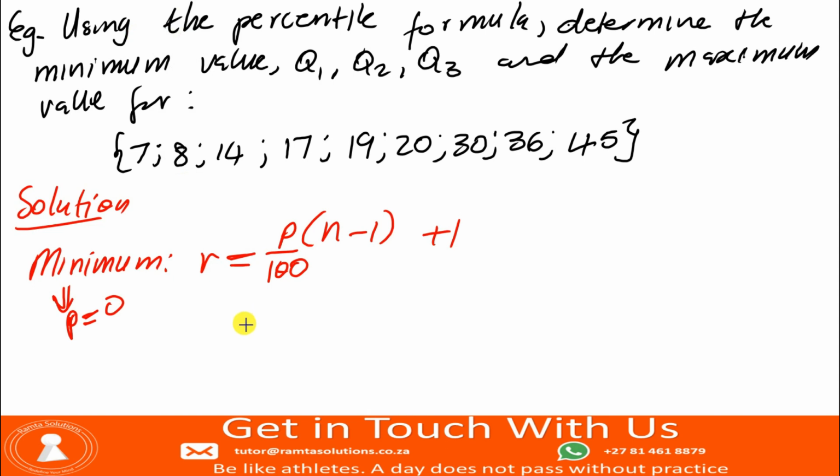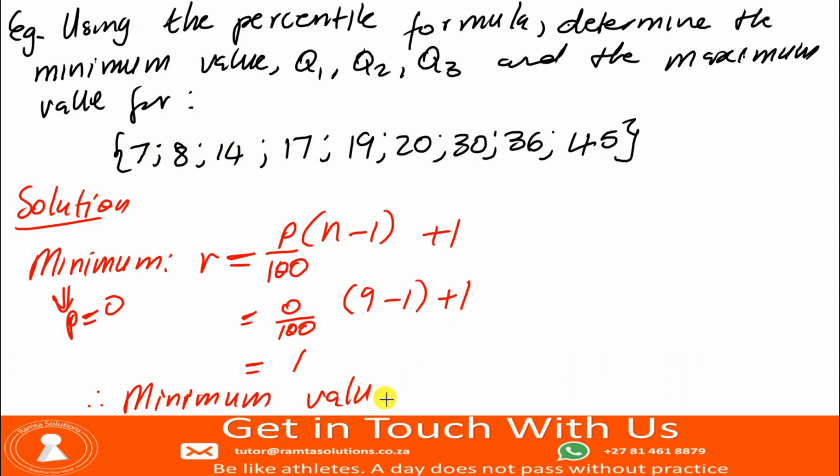Now, 0 over 100 times how many values are here? 1, 2, 3, 4, 5, 6, 7, 8, 9. So it's 9 minus 1 plus 1, which is 1. Therefore, for the minimum value, you look for the value ranked number 1, in first place.